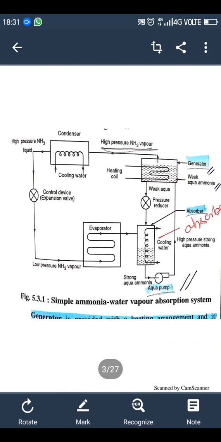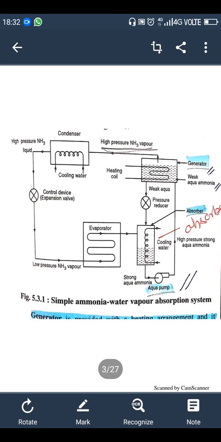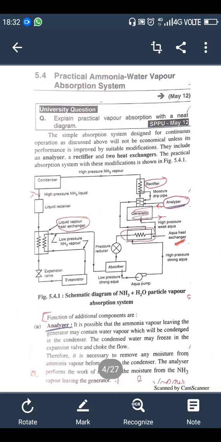So we are going to see the next topic, which is the practical ammonia vapor absorption refrigeration system.